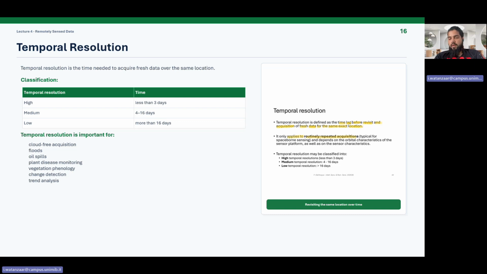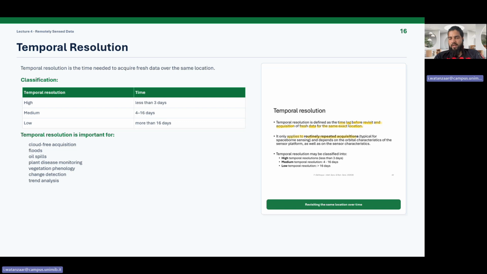The area can be the same, but the conditions can be different, while in the frequency coverage it should be the same conditions. That is why temporal information helps us with cloud-free acquisitions. We look at floods, oil spills, plant disease monitoring, vegetation phenology, and change detection in trend analysis.